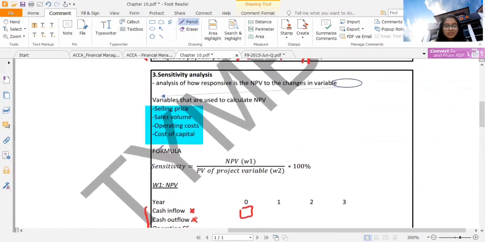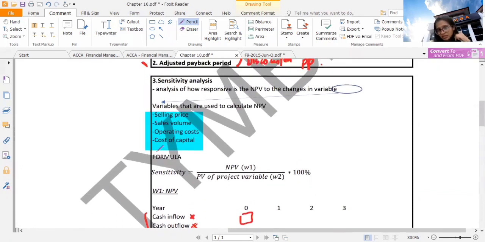Now, let's go back to your NPV calculation. So since you already know what is NPV, how do you calculate NPV? So the approach that we use towards sensitivity analysis is that we normally will calculate the project NPV, as per how you normally calculate your NPV. And then after that, you need to calculate your present value of cash flows.